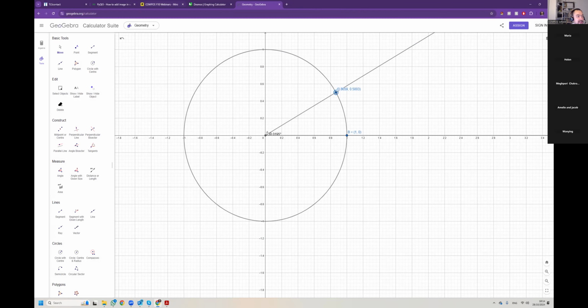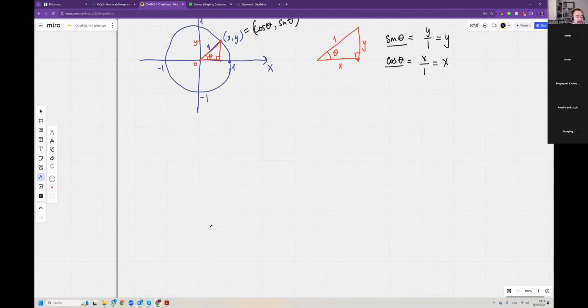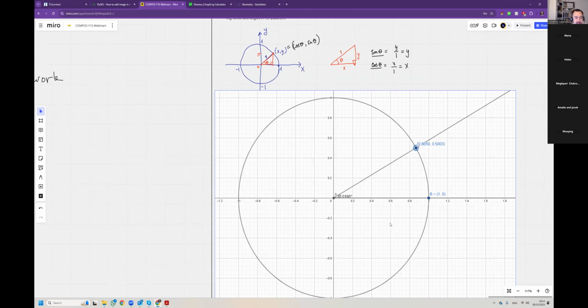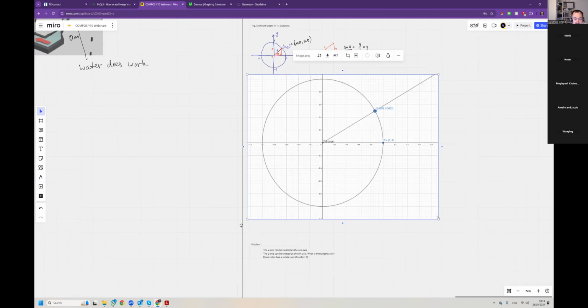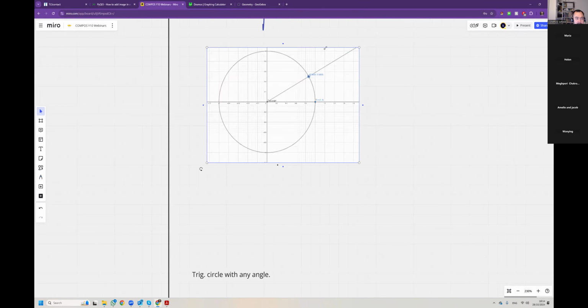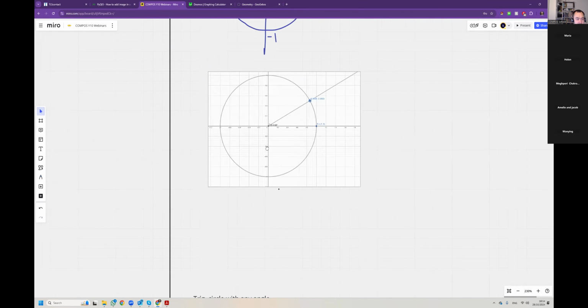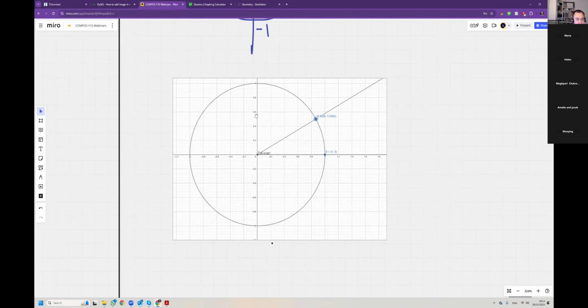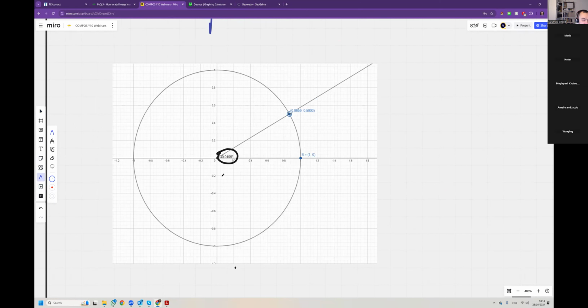What is the significance of that? That this angle, 30 degrees, and this is cosine of that angle, and this is sine of that angle.